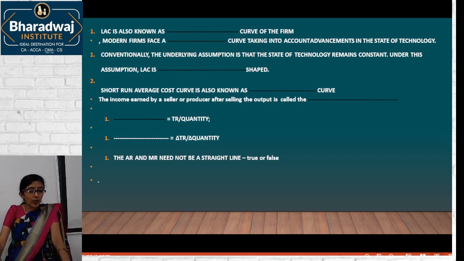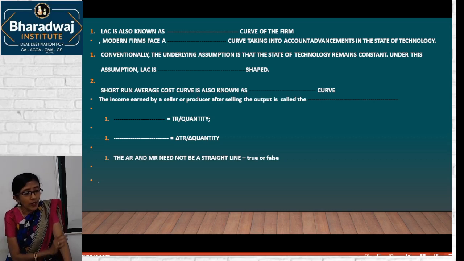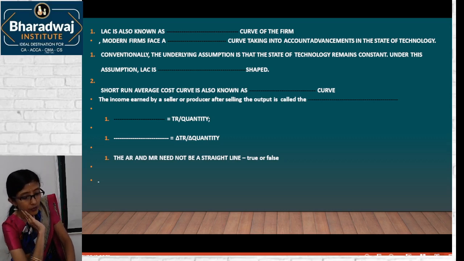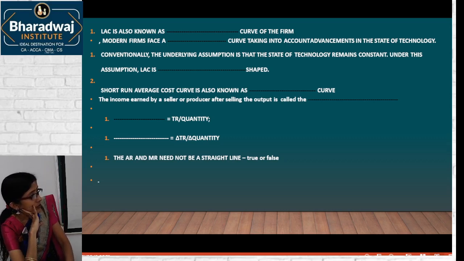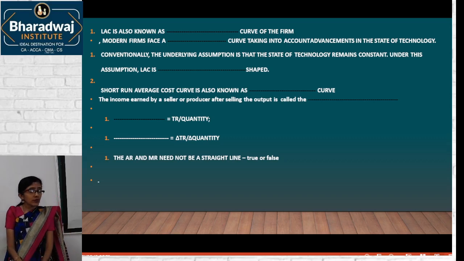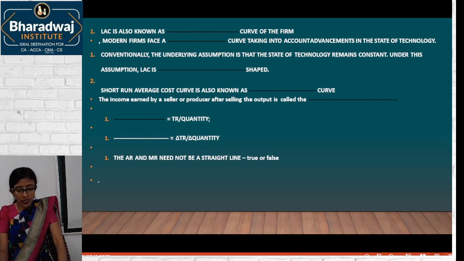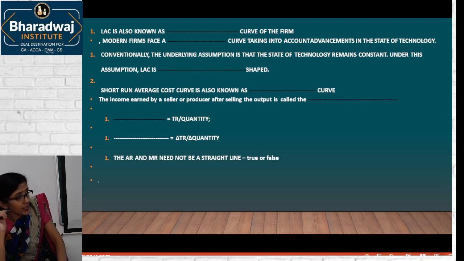Dash is equal to TR by Q. Dash is equal to delta TR by delta Q. Then the AR and MR need not be a straight line. And remember, the second question is with respect to LAC curve.